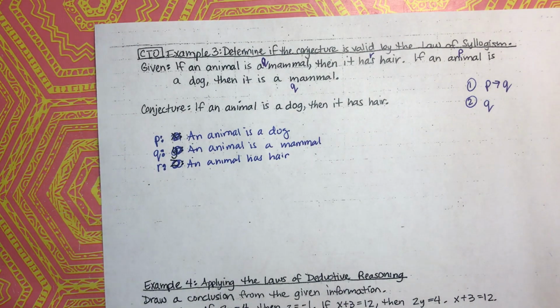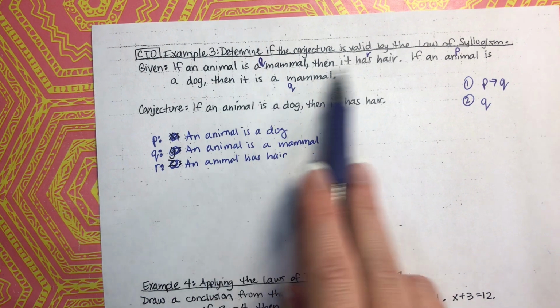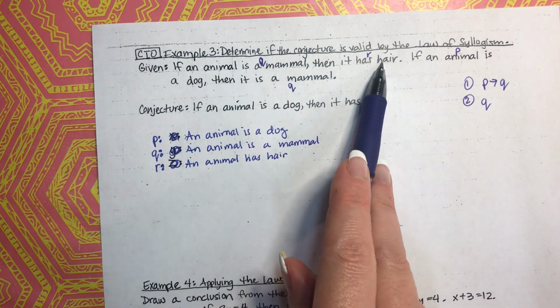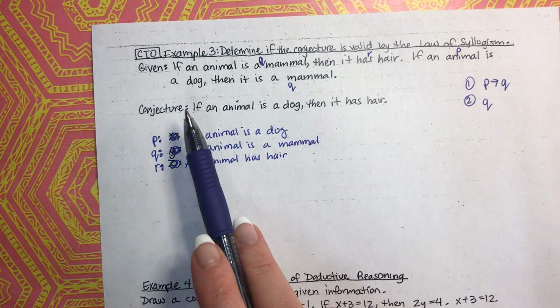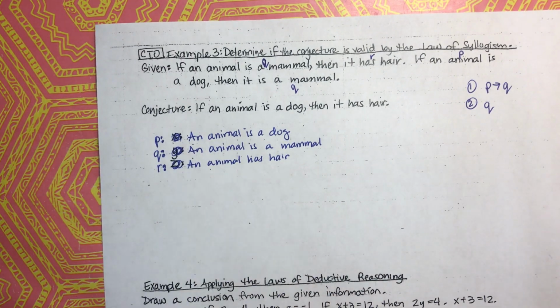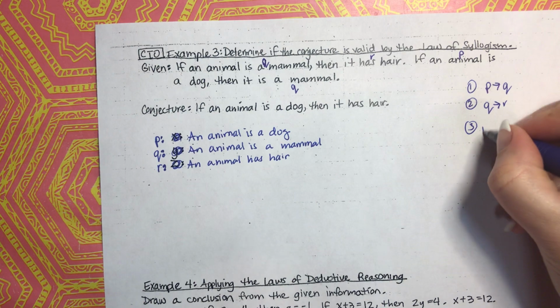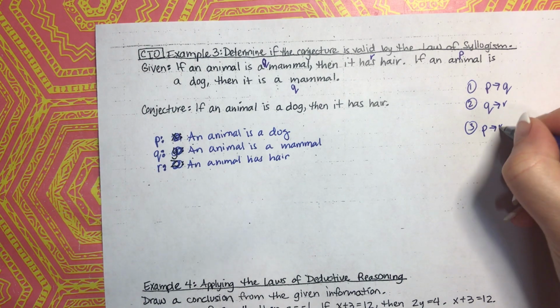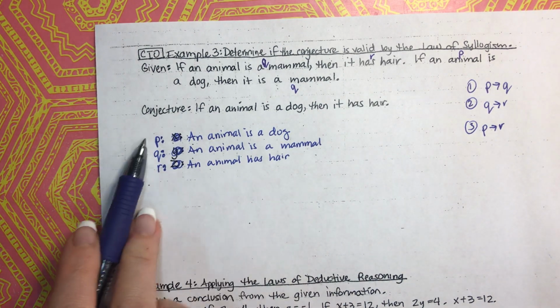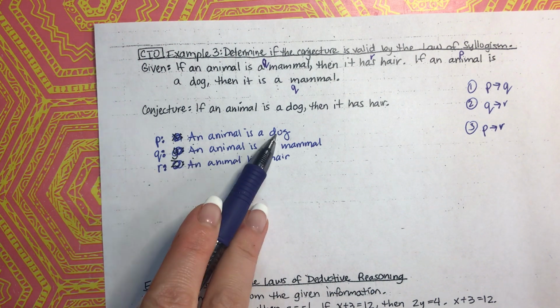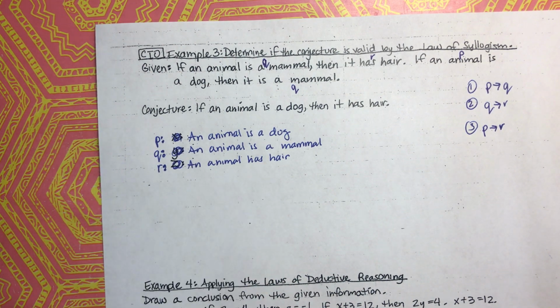All right, perfect. So, okay, we've defined our terms. We know that we have our P to Q and our Q to R statement. They're just swapped. Now this was Q to R. Our third conjecture must be P to R. Now, is this P to R? So look here. It must be if an animal is a dog, then an animal has hair.